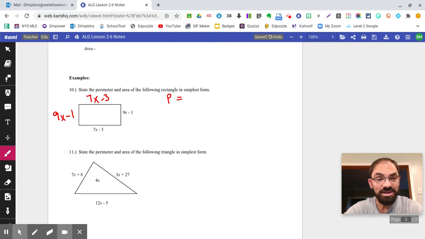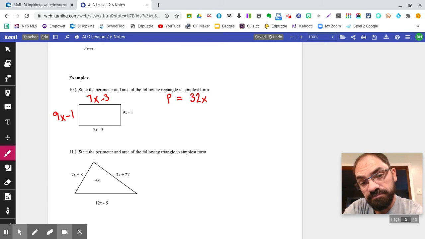So 9x minus 1 plus 7x minus 3 plus 9x minus 1 plus 7x minus 3. So let's see here. We have 9 and 9 is 18, and 7 is 25, plus 7 more is 32x. Negative 1 minus 3 minus 1 minus 3 is negative 8. So that's the perimeter.